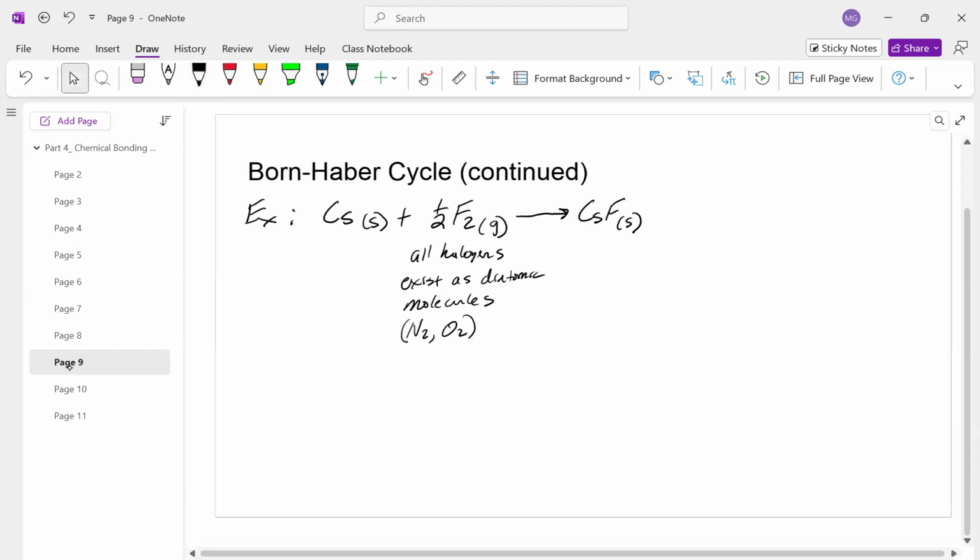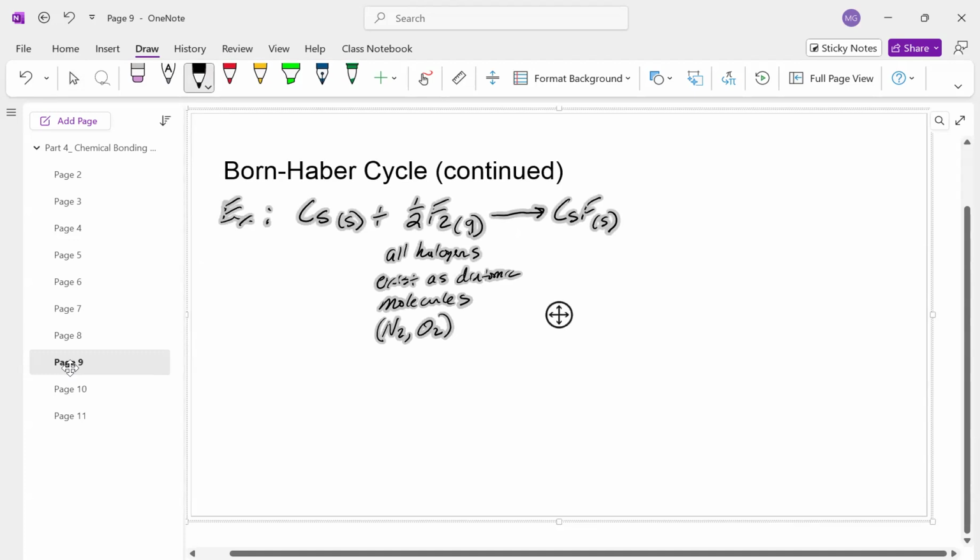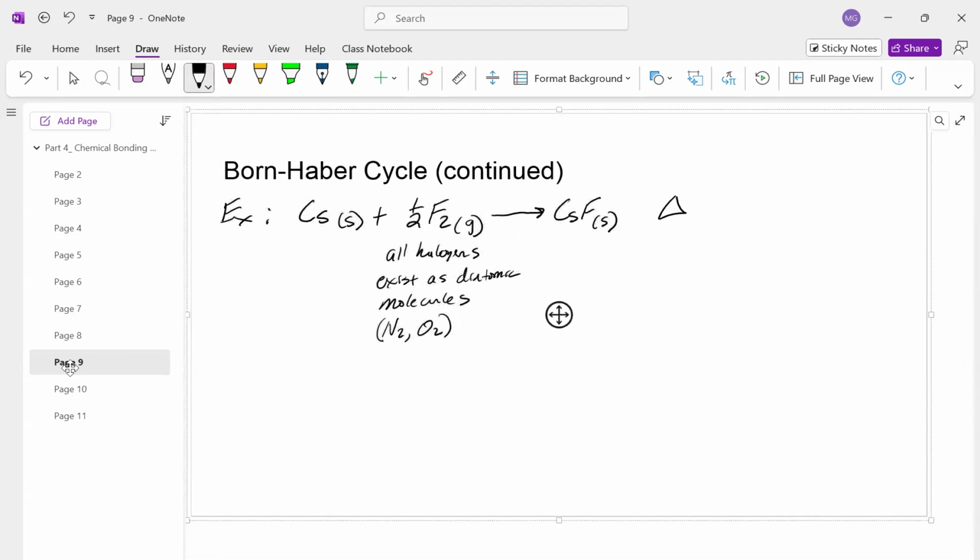Now, when cesium combines with fluorine to form cesium fluoride, CsF, it releases 553 kilojoules per mole of energy. Again, don't worry so much about what this delta H is.